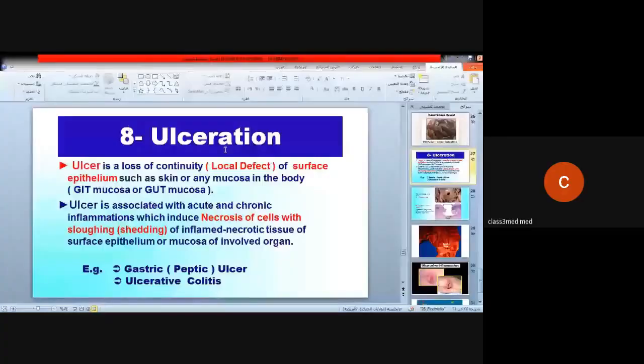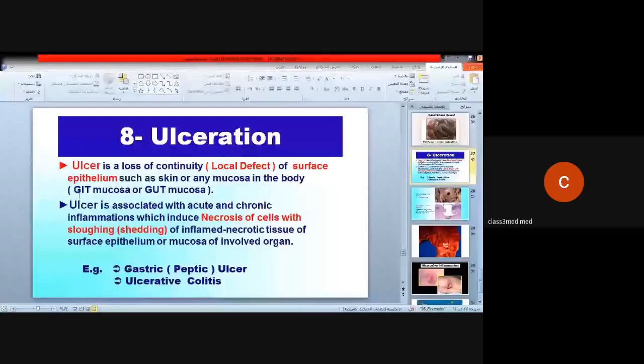The last type is ulcer, which occurs in epithelium, such as surface epithelium like skin or any mucosa in the body, for example GIT mucosa or genitourinary tract, associated with acute and chronic inflammation.